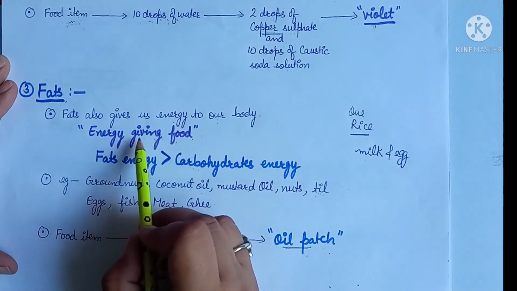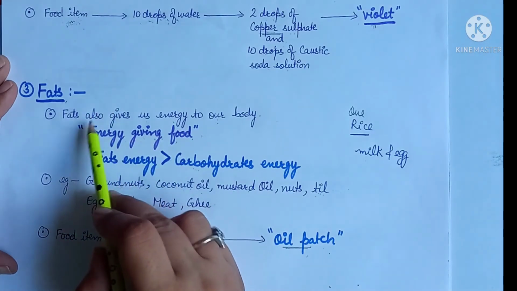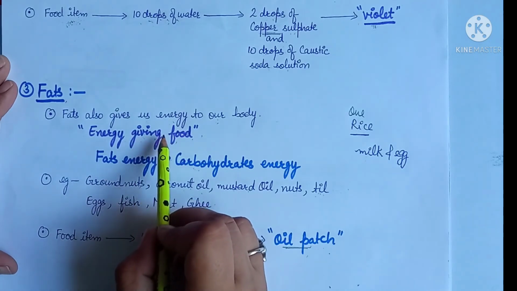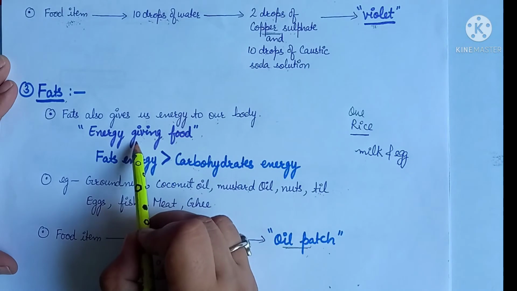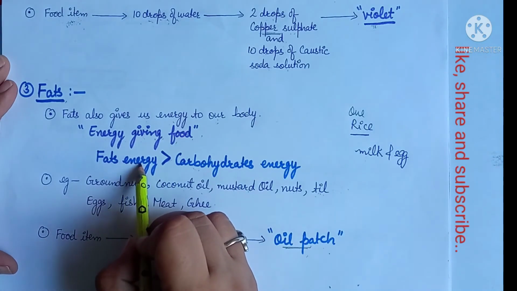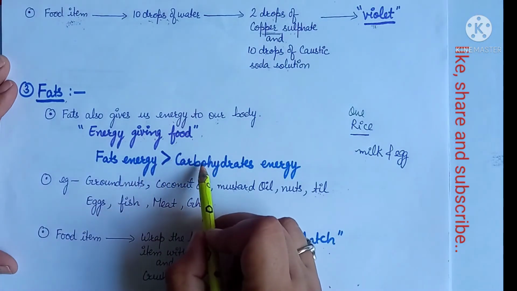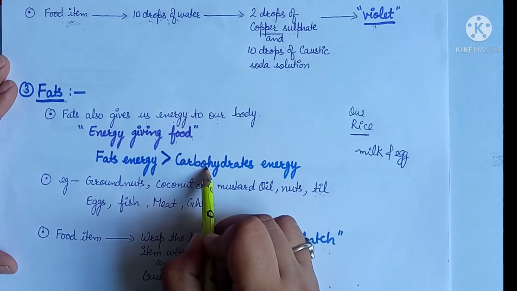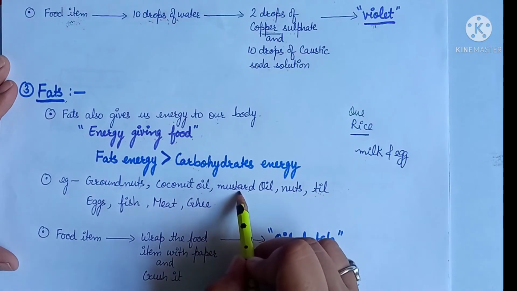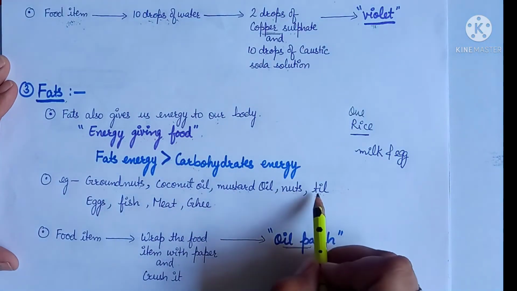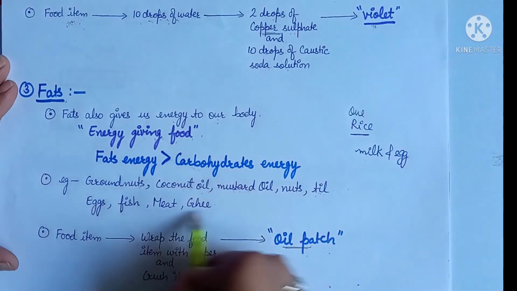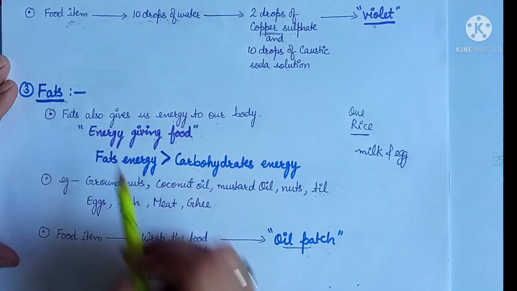There is a major difference between fats and carbohydrates, because both of them provide energy, but the fats give much more energy as compared to the same amount of carbohydrates. Groundnut, coconut oil, mustard oil, nuts, til, egg, fish, meat, ghee are some examples of fats.